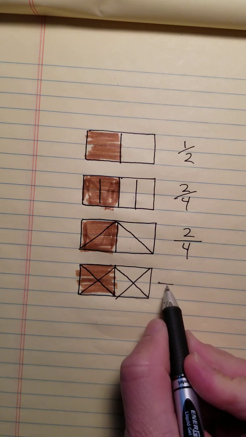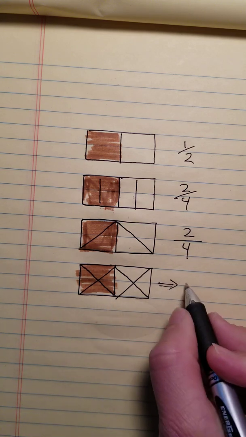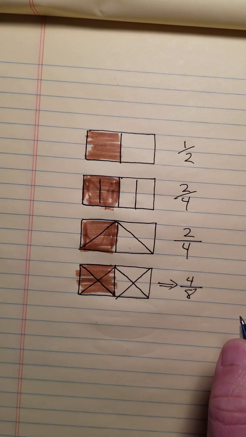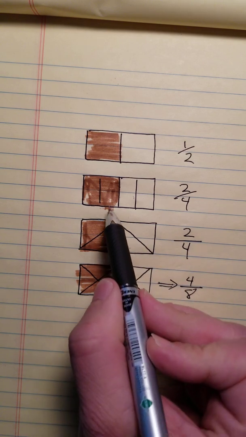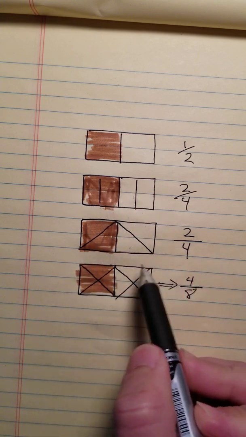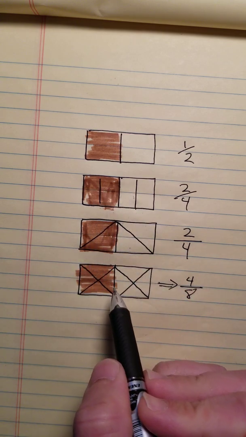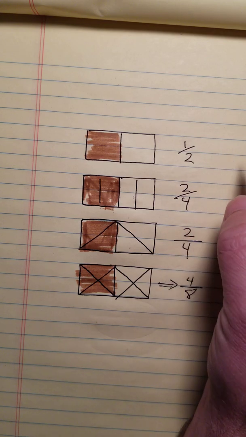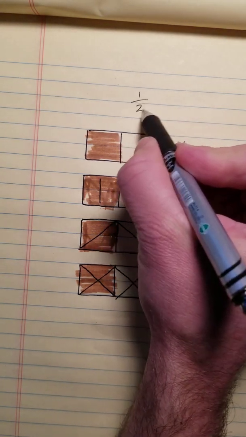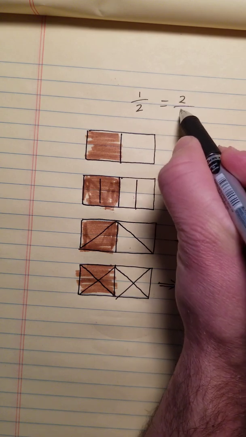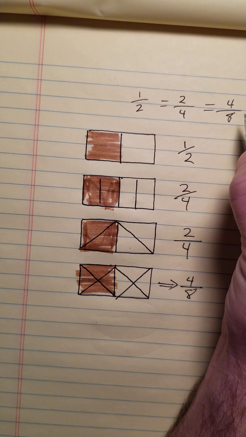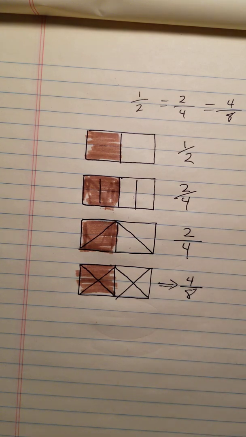Now it's not 2/4. It is 4/8. So I can cut it this way, I can cut it this way, I can cut it more, or I can cut it less. But I'm just showing you again that 1/2 is equal to 2/4 equal to 4/8.